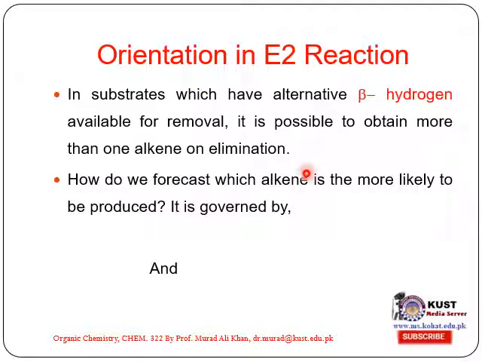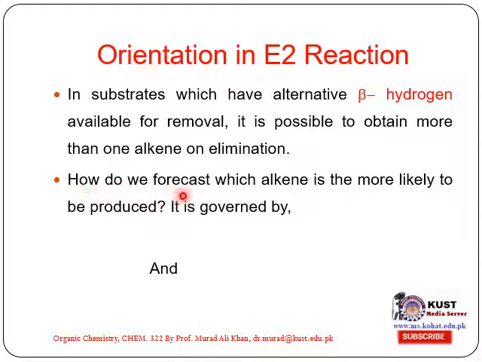What will determine the orientation? In substrates which have alternative beta hydrogens available for removal, it is possible to obtain more than one alkene on elimination. Like in the previous slide, more than one alkene, 2-butene and 1-butene, was found.